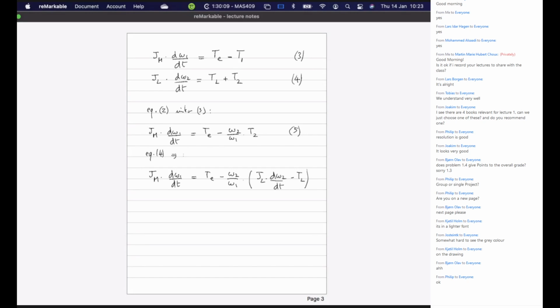And since we have omega 2 equal to omega 2 divided by omega 1 times omega 1.